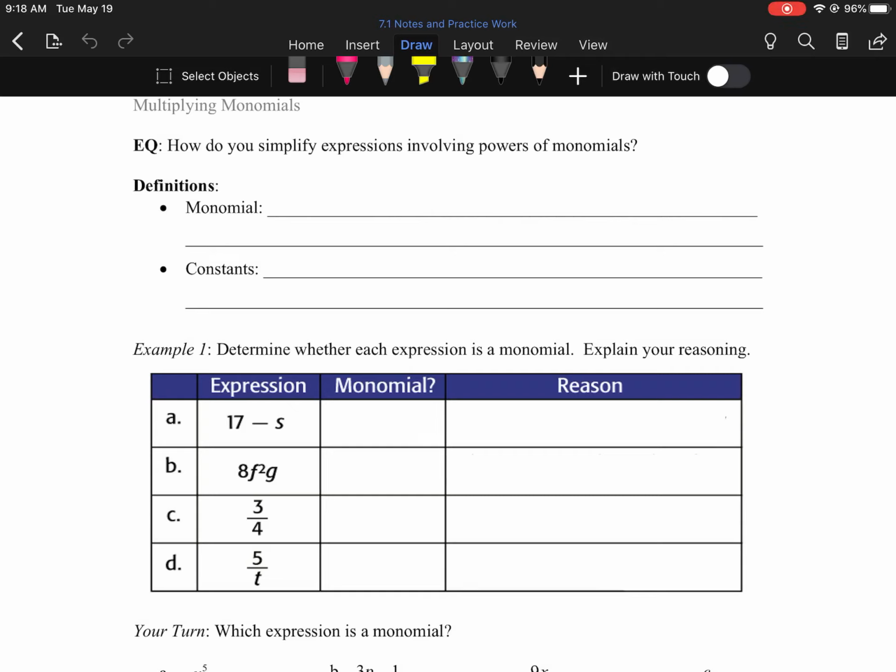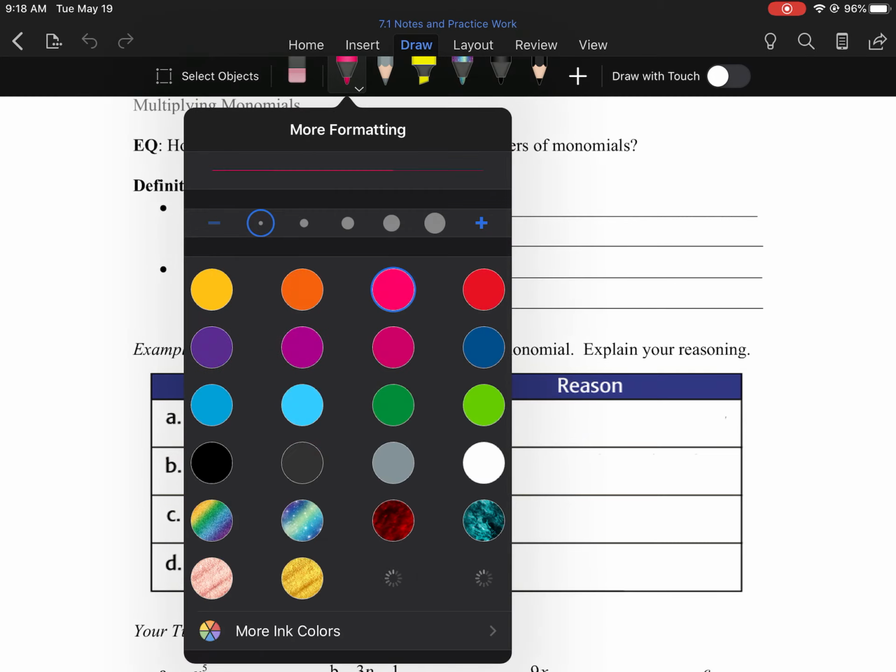Hi everyone, today's lesson is 7.1, Multiplying Monomials. So we need to start by saying, okay, what is a monomial?